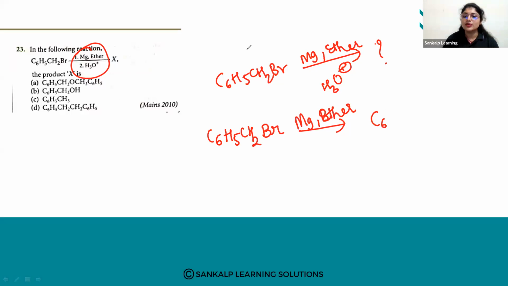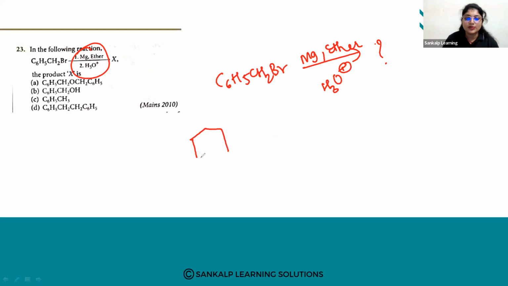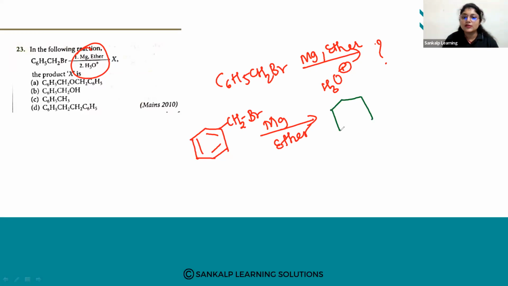I'll write it like this so you come to know easily. C6H5 is your aryl group. In the presence of Mg and ether, Mg will attack and it will form C6H5CH2MgBr.